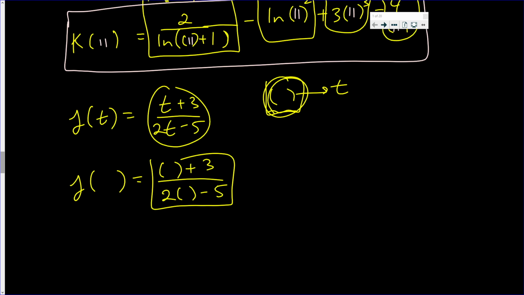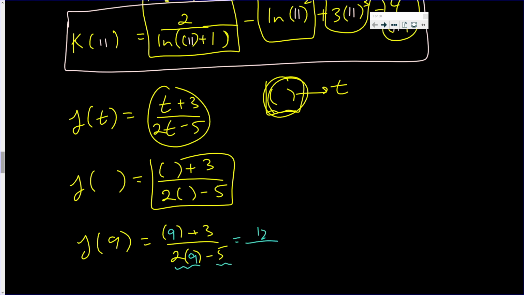Just so this is still in front of us, I'll write it down again. And if they put 9 in here, you put 9 in here. Okay, now the math starts. 9 plus 3, 18 minus 5, I think is 13. Okay, there we did math.